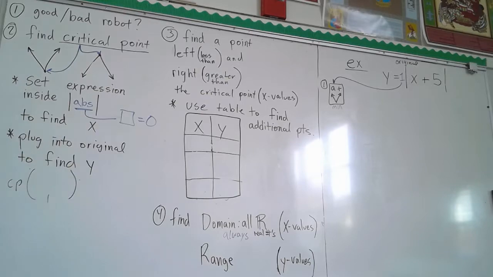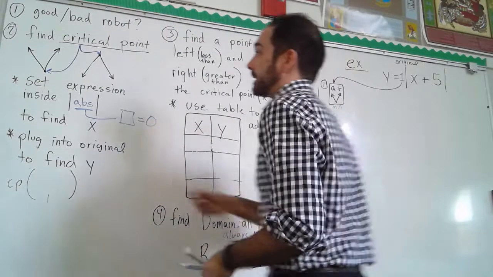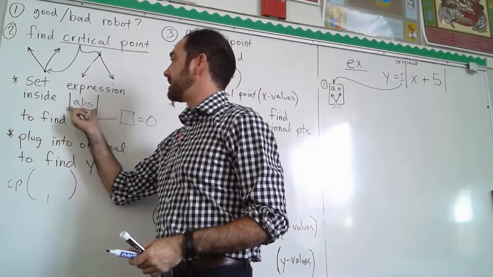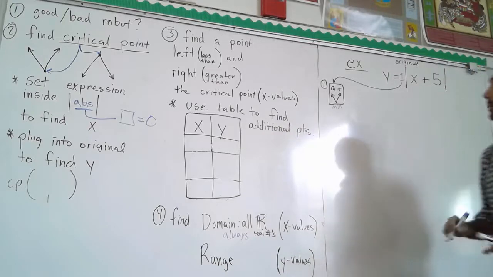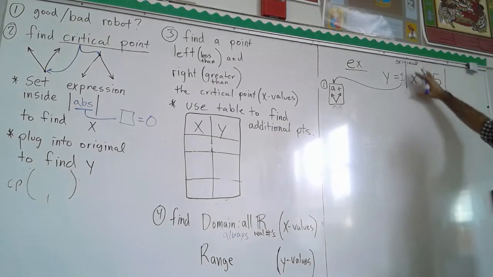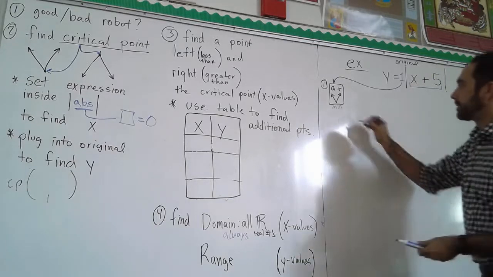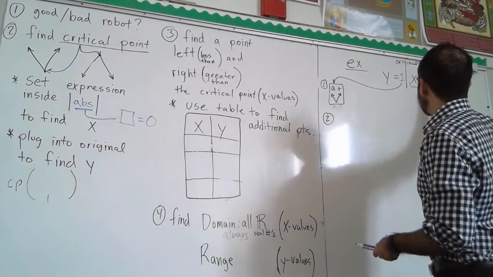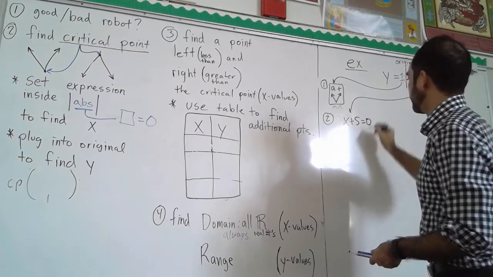Remember, it's the expression inside the absolute values. We're going to make it equal to 0. So what is the entire expression inside the absolute value symbols? We're going to take x plus 5, and x plus 5 is equal to 0.